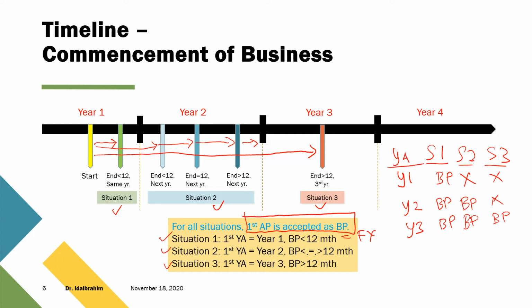Year 1, year 2, year 3 is the YA. So under situation 1, we start with YA1, situation 2, YA2, and situation 3, YA3. The period in this basis period covered from year 1, only that it will be assessed in year 3, the income.